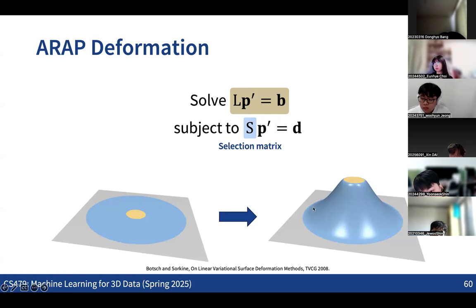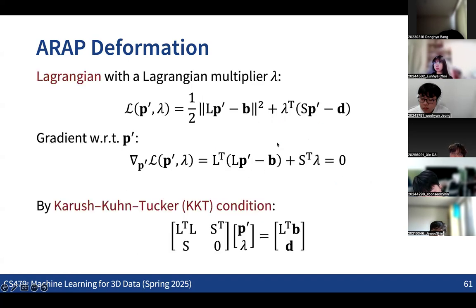So the question is how we are going to solve this linear system with the given linear condition. If you took the optimization course, at the end of the day, it becomes an extended linear system, where L is the cotangent weight matrix, S is the selection matrix, and then we have some other parts here.